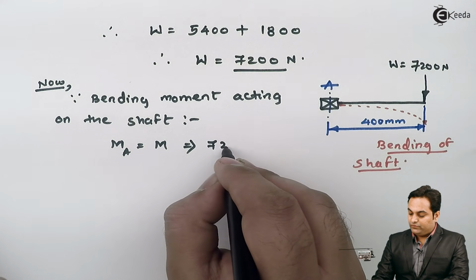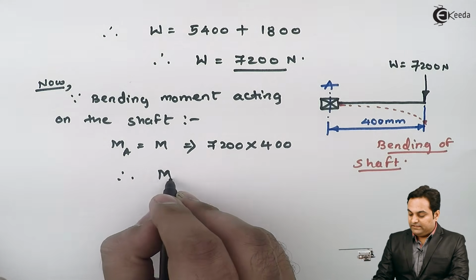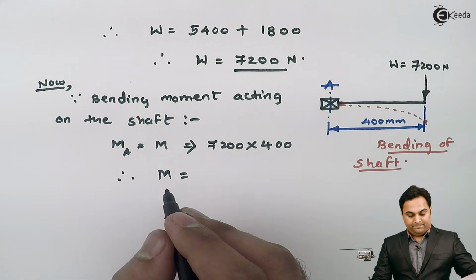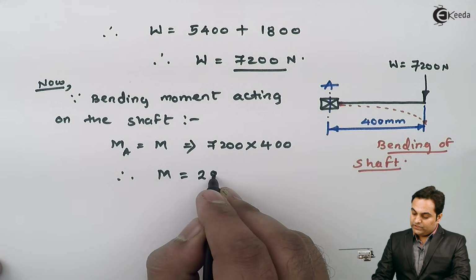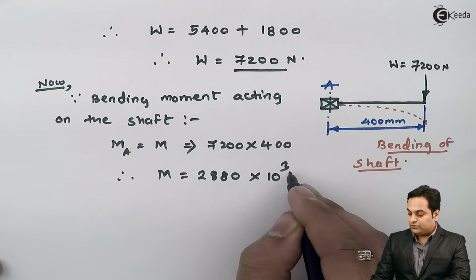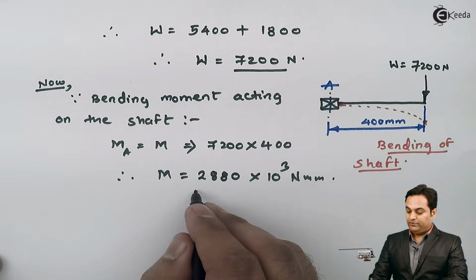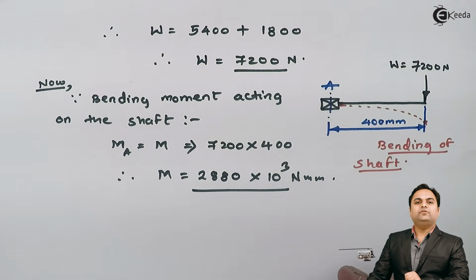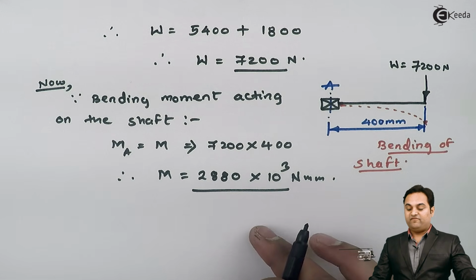So it is 7200 into 400. From this I'll get my answer of M, that comes out to be 2880 into 10 raised to 3 Newton millimeters. This much is the amount of bending moment. Previously I have calculated the amount of twisting moment, that was torque. Now I have bending moment.